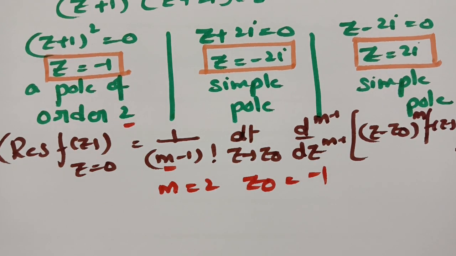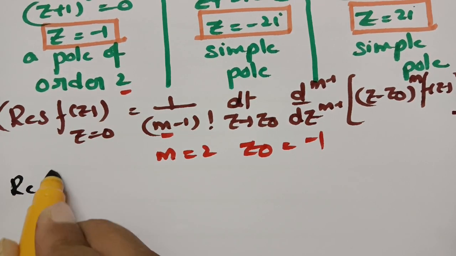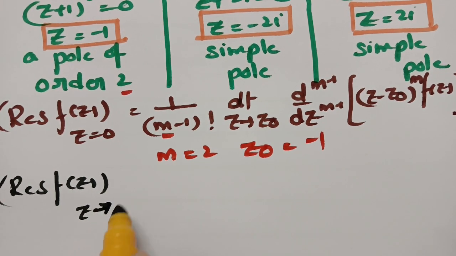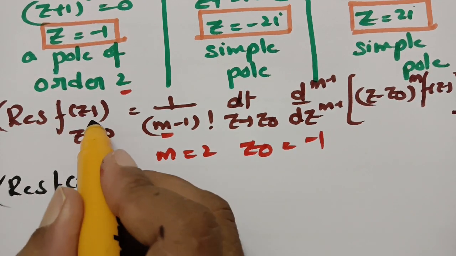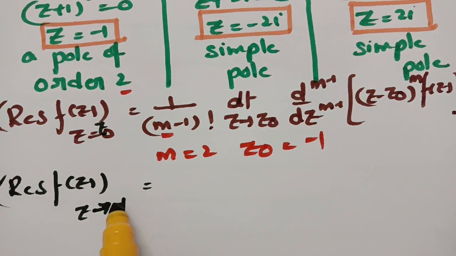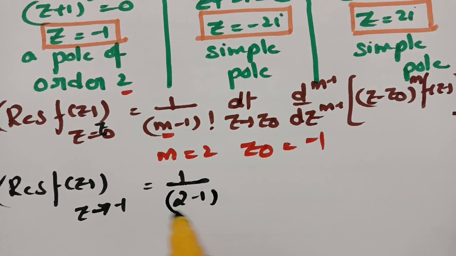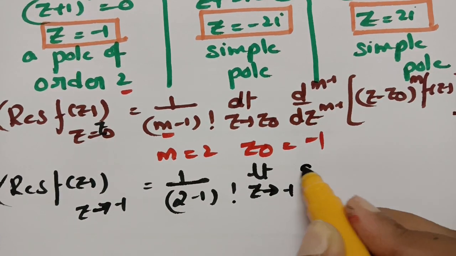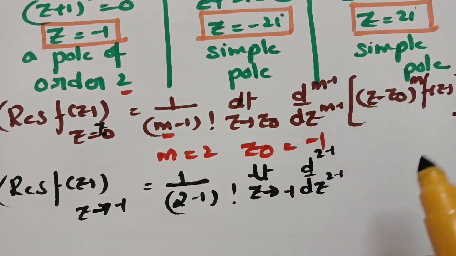If I substitute in this formula, the residue of the function at the point z = −1 is 1/(2 − 1)! times the limit as z tends to −1 of d/dz to the power 2 − 1, so m is 2 here.